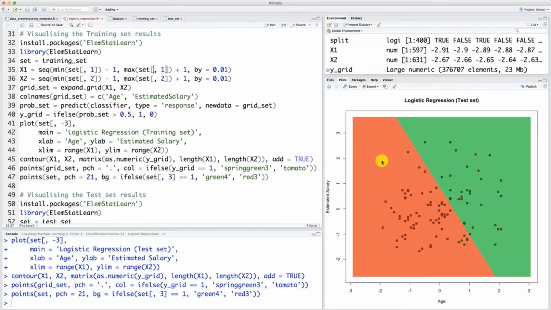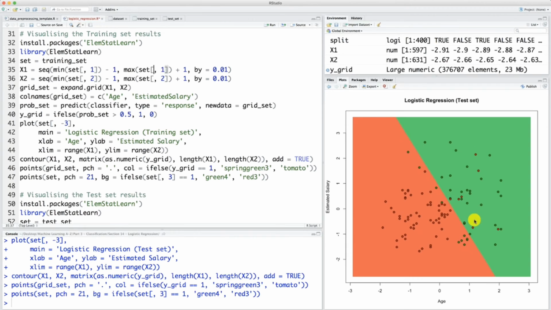Then once the classifier makes its prediction, it colorizes the pixel observation point according to the prediction. So if the prediction is no, this pixel user won't buy the SUV, then it will colorize it in red. And if the prediction is yes, this pixel user will buy the SUV, then it will colorize the point in green.